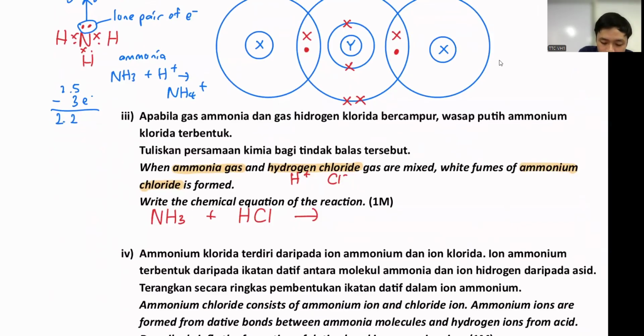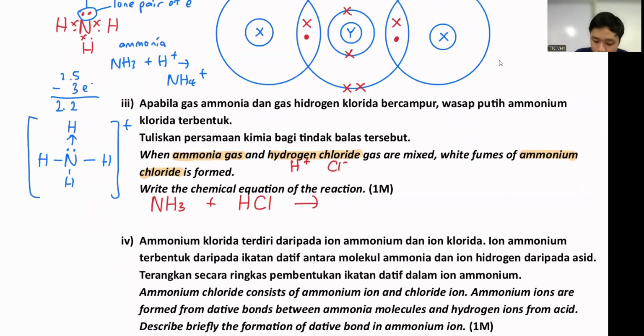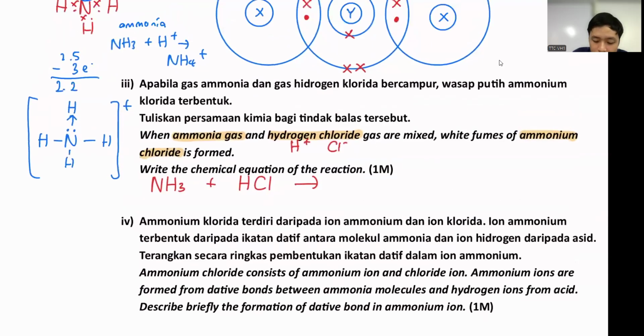Let's say this is NH3, right? Then you can draw an arrow pointing towards H. Then outside you draw positive charge like this. This is NH4 plus, if they ask you to draw the structure of this dative bond. So it becomes NH4 plus.